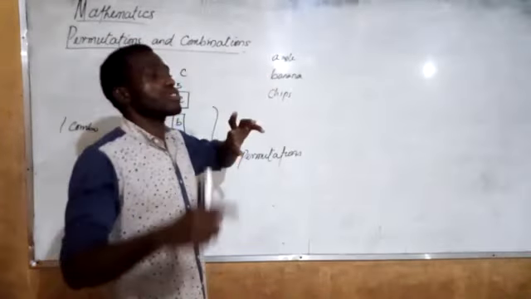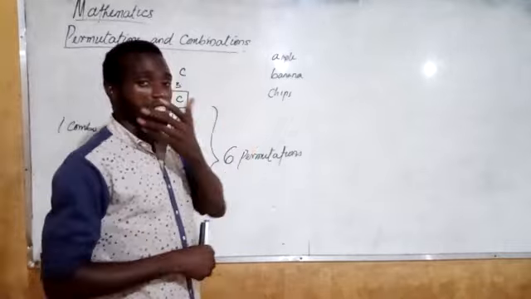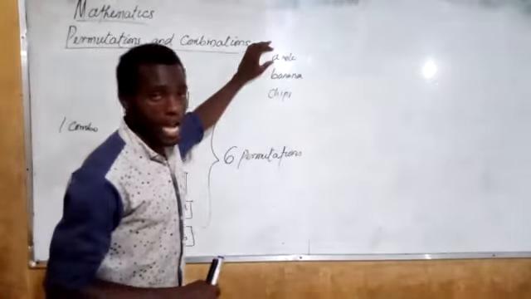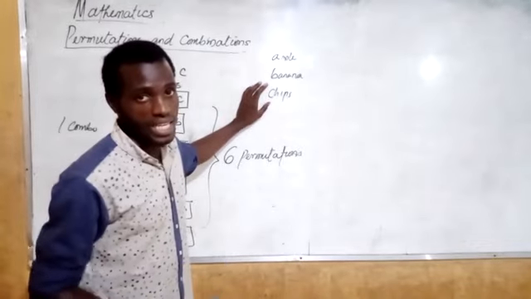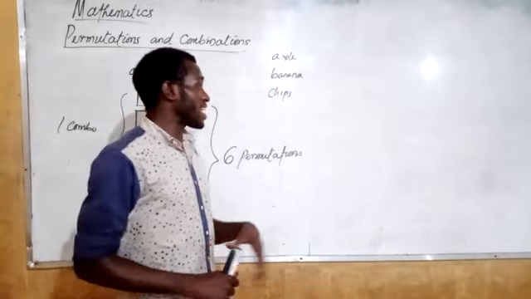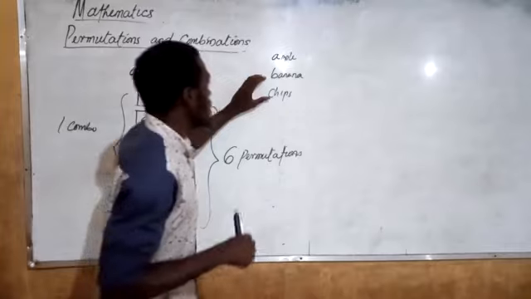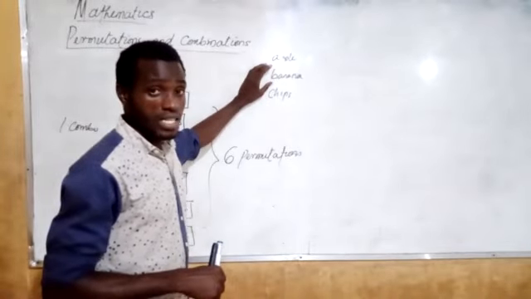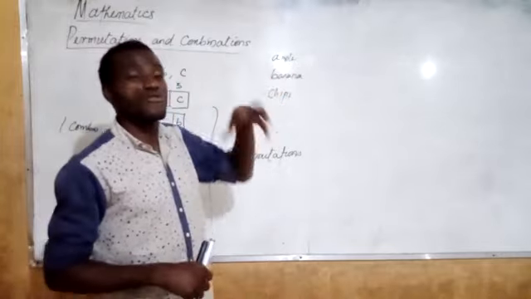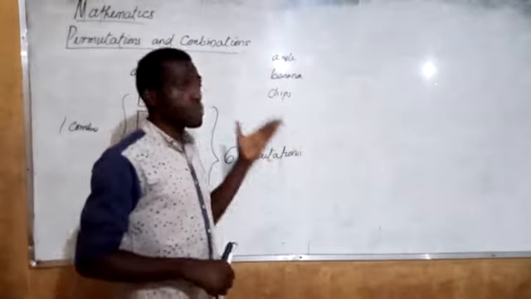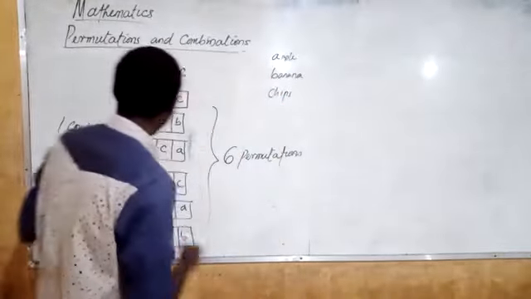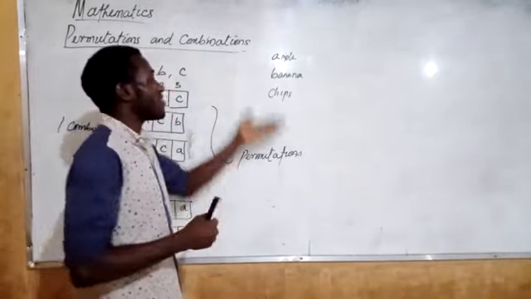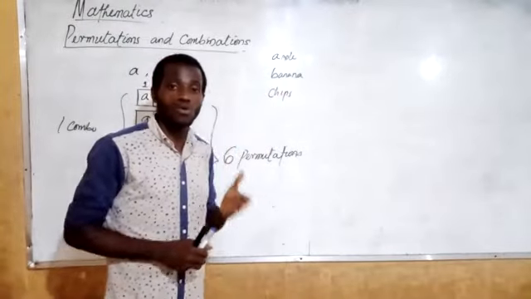If in the next day you want to change your arrangement, I want to eat banana first in the morning, then apple in the afternoon, and chips as dinner. Or in the next day, again, I alternate and say chips first, then apple next, then banana next at night as dinner. Now, if you ask, what have you combined? I have only combined apple, banana, and chips. So I have one combination. But how have I arranged them? I have arranged them in 6 possible ways.